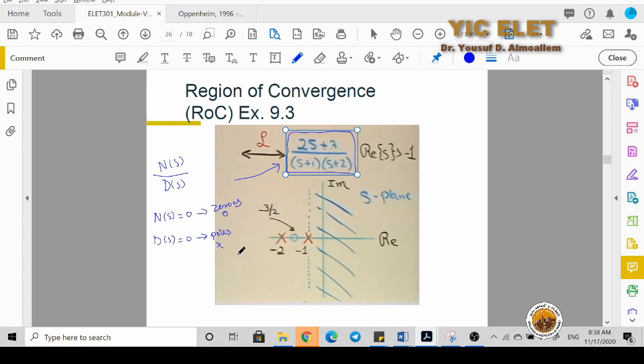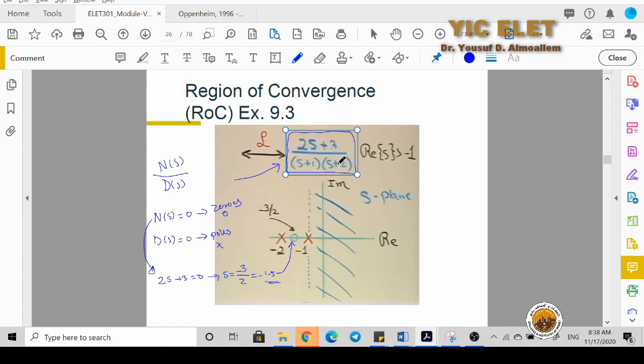If we try to solve the numerator, 2s plus 3 is equal to 0, then s equals minus 3 over 2, which is minus 1.5. So this is the zero. I have to go to the S domain and put this circle at minus 1.5.